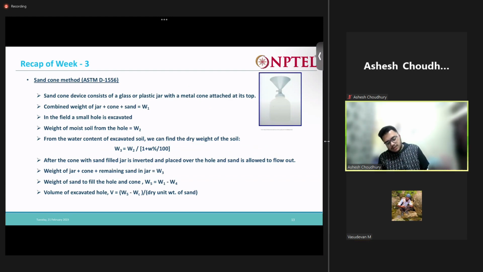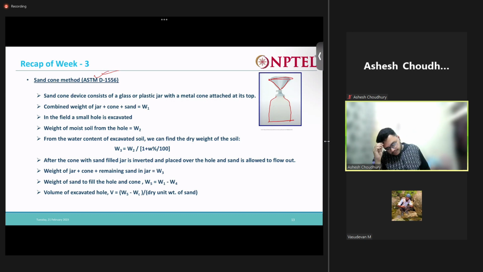In the sand cone method we have a device which consists of a glass or plastic jar with a metal cone attached to it. This sand cone method is given by the ASTM code, ASTM D1556. So we go to the field and use this apparatus to determine the field density.